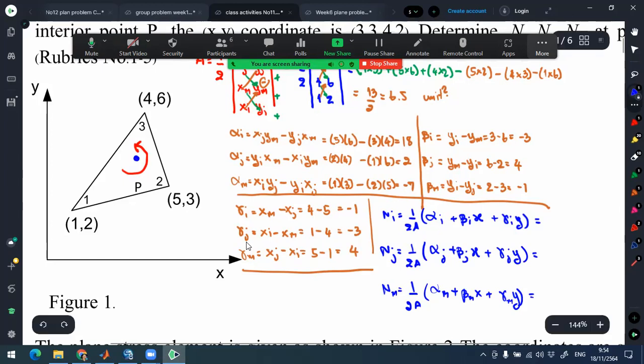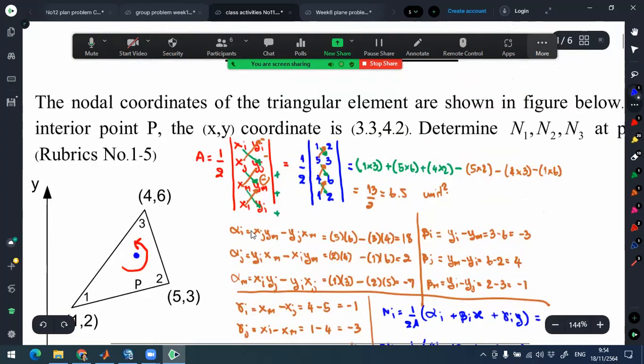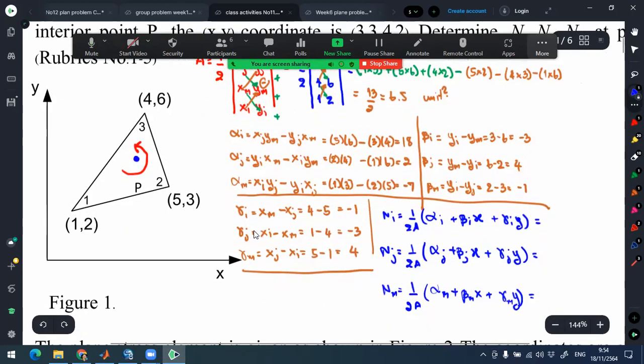xy is the coordinate at point P. For this problem, it's given that the coordinate of point P is 3.3 and 4.2, right?